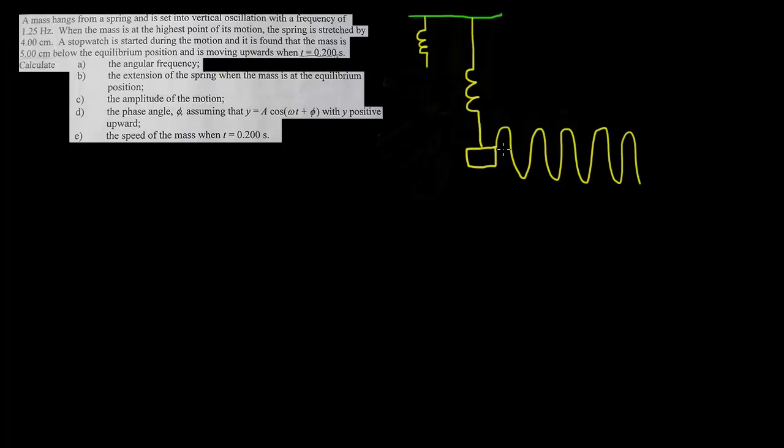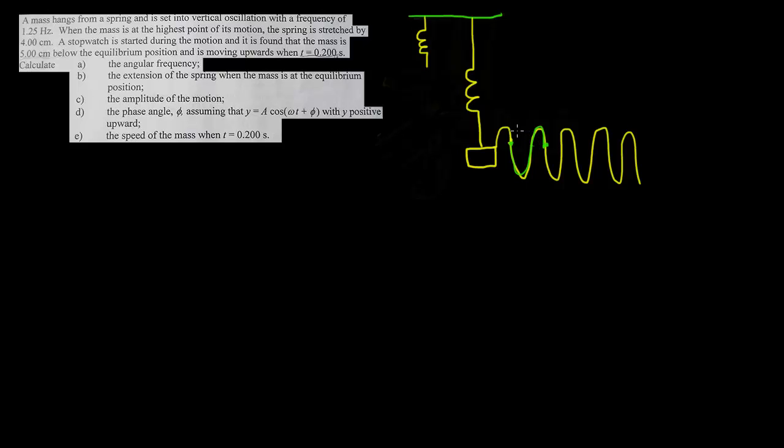A cycle is simply going from one part on the curve through an entire cycle to another part on the curve. It's not when it finds itself again, it's when it does a complete wavelength. That distance right there is a cycle. So there are 1.25 cycles every second. That's what the 1.25 hertz is.